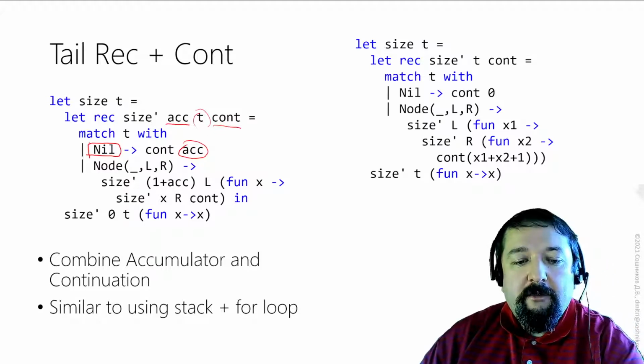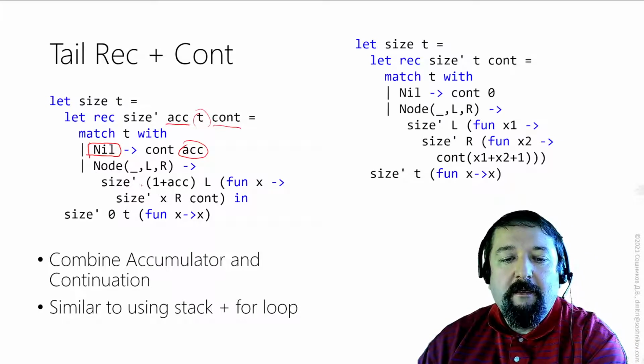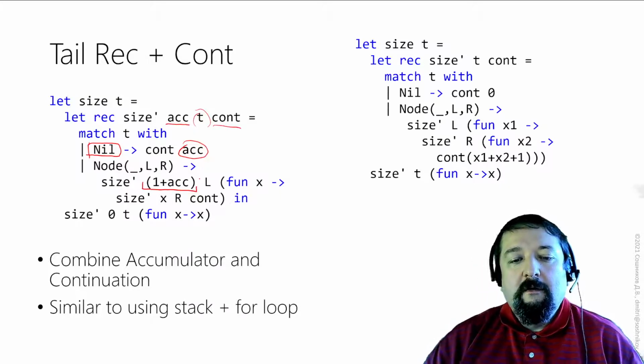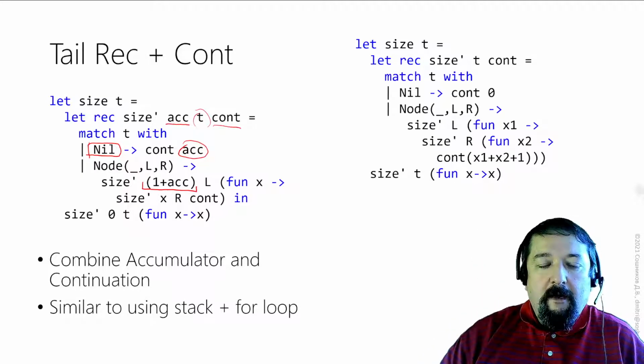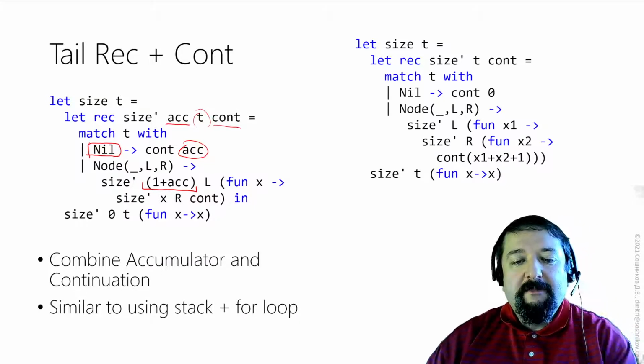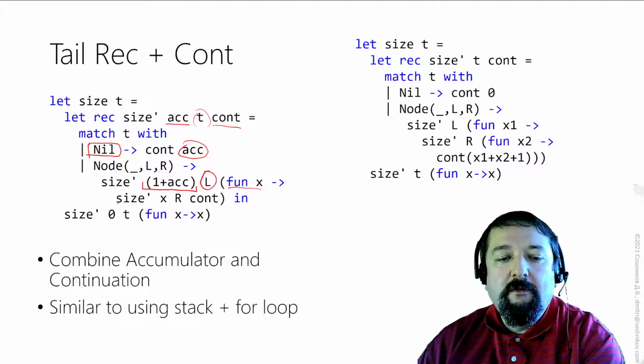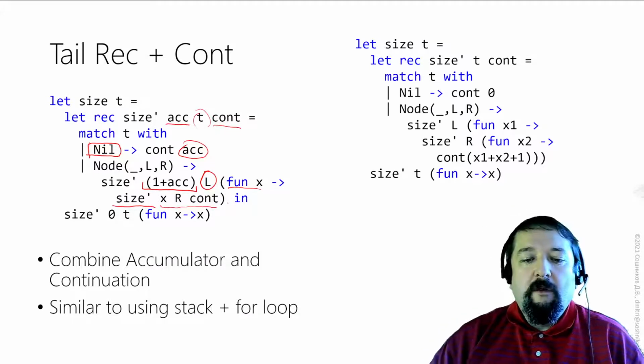Then when I encounter a node, first of all I pass 1 plus accumulator, so I go along and I immediately take account of the current element. Then I pass the left subtree, and the way I construct the continuation is to call size prime on the right subtree with this continuation.